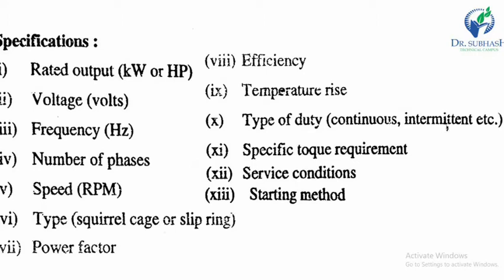Second one is voltage in volt, frequency in hertz, number of phases, single phase or three phase, speed in RPM or RPS, type, squirrel cage or slip ring type, power factor, efficiency, temperature rise, type of duty, continuous or intermittent, specific torque requirement, service condition and starting method. So in this subject we study all the specifications regarding the design.